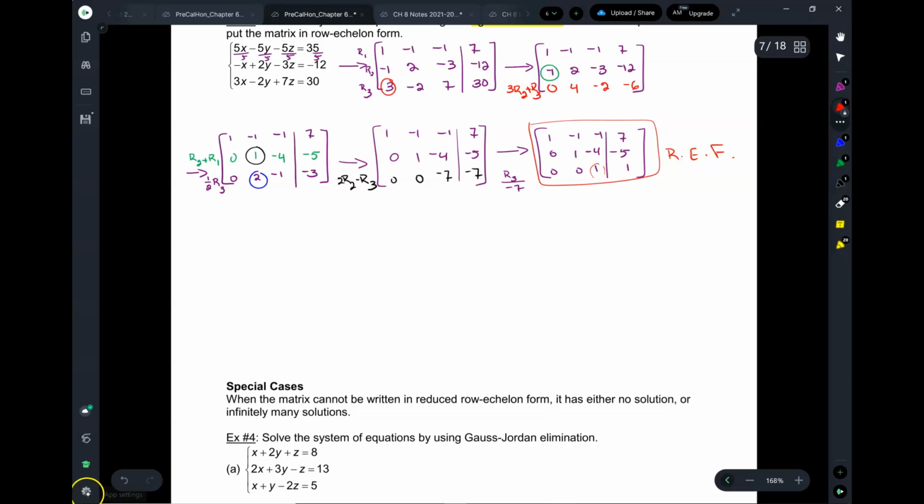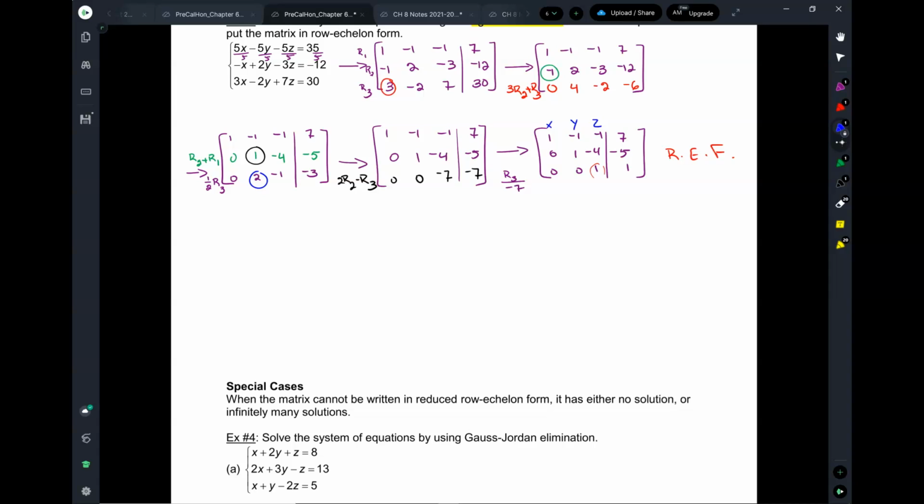This first column represents the x column. The next one, the y, and the next one, the z. So the way in which you read these is this. First row, 1x minus 1y minus 1z equals 7.